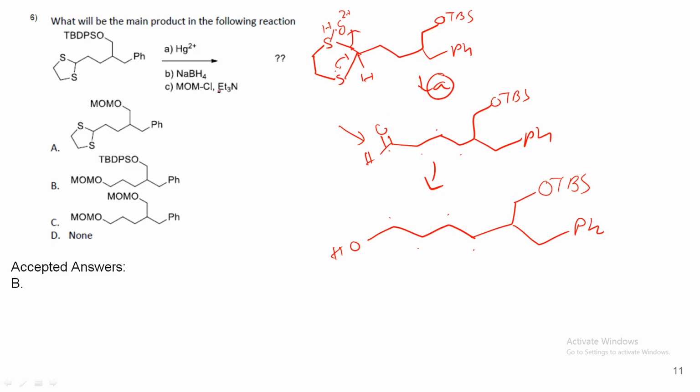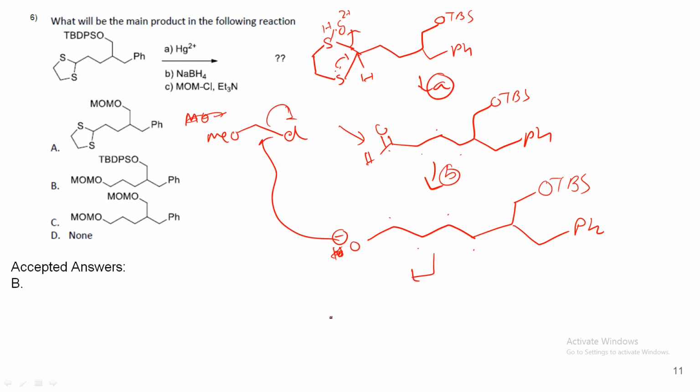Now with MOM chloride and triethylamine, this is the methoxymethyl MOM protection. What would be happening with triethylamine? This OH would be deprotonated, O minus can generate, and this attack is feasible.